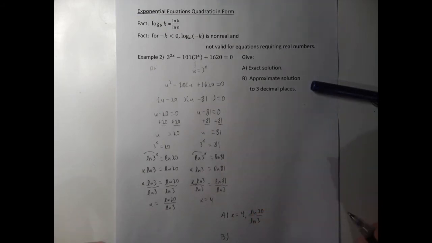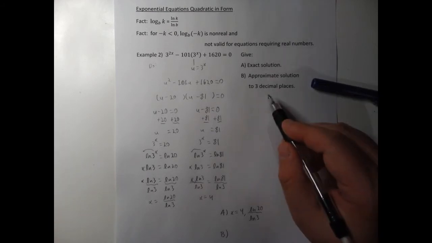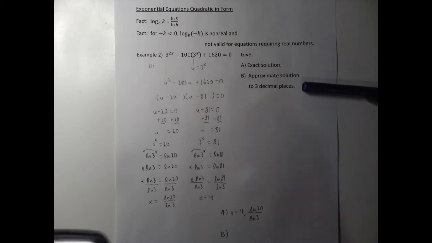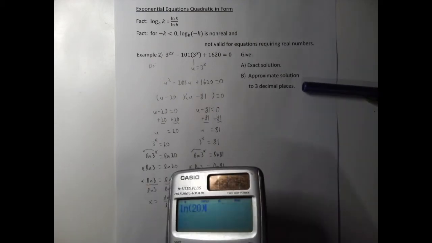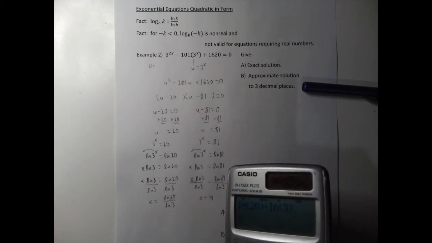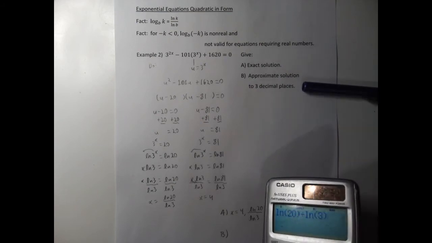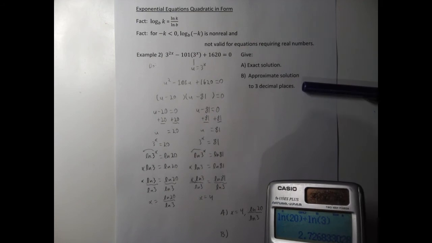B expects me to round to 3 decimal places. So, natural log of 20 divided by natural log of 3. It says 3 decimal places.